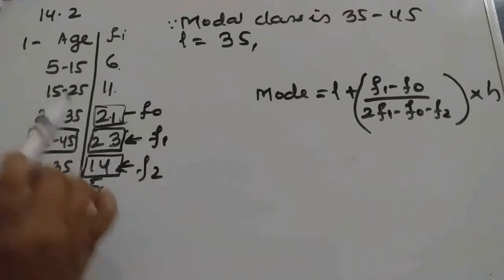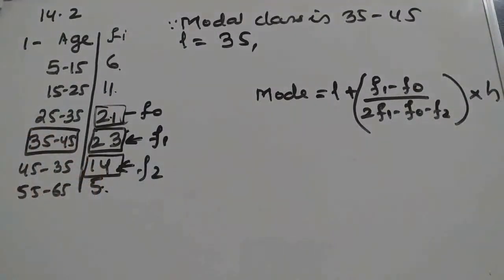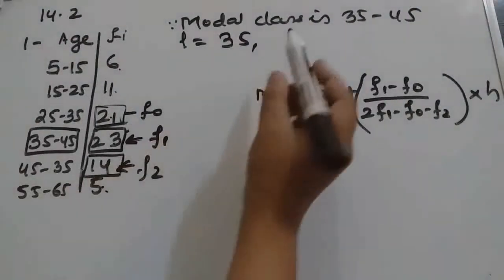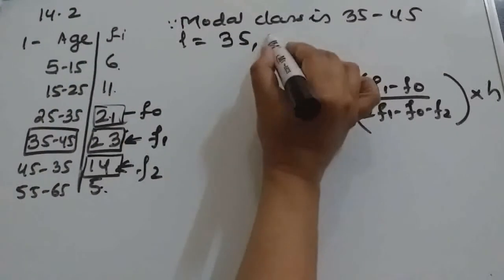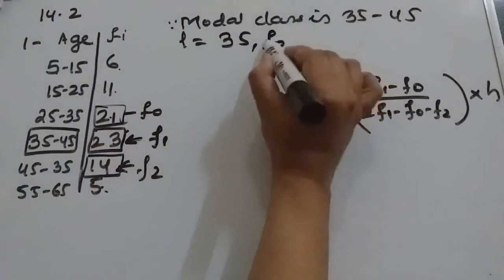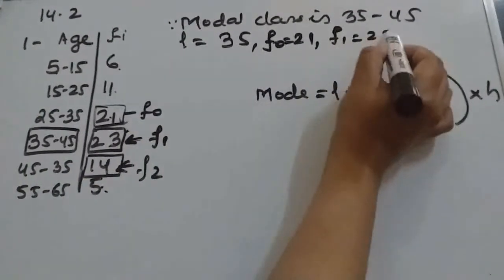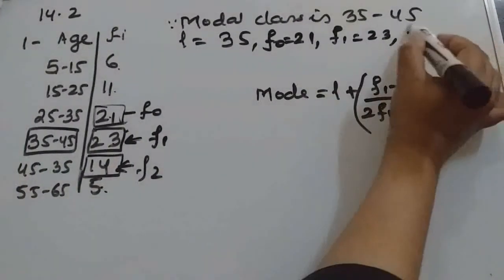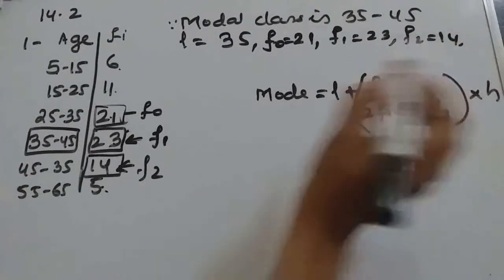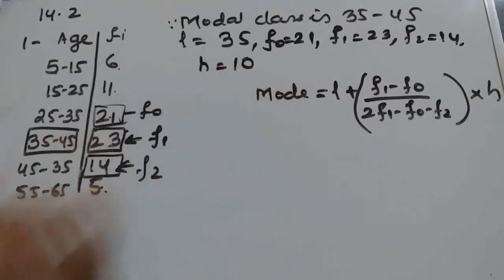H is 15 minus 5, that is 10. Writing the values of all the variables: F0 we got as 21, F1 we got as 23, F2 we got as 14, H is 10.